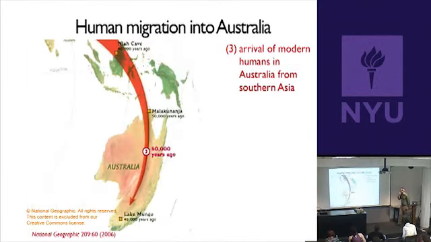As I said, Australia got settled very early after the migration out of Africa. So somewhere 40, 50,000 years ago, the first modern humans arrived in Australia.